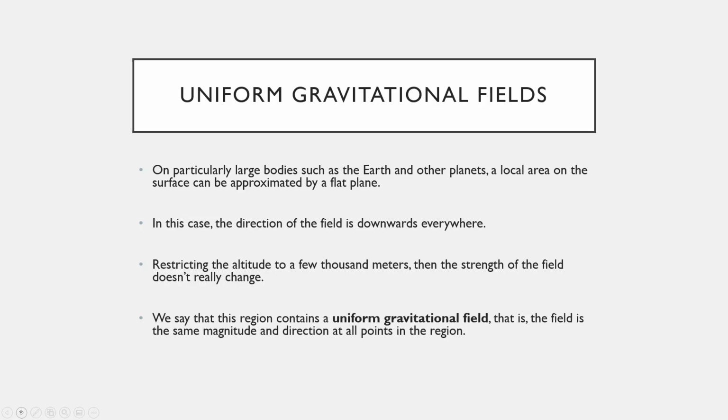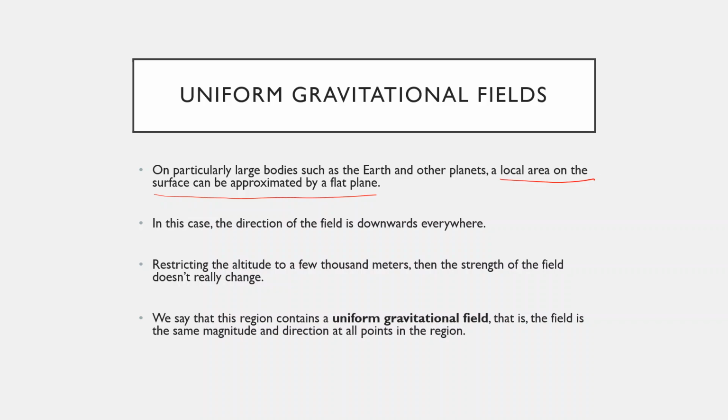One place that this can happen is on the local area of the surface of a planet. You think how massive Earth is. Earth is just ginormous. But you just restrict yourself, say, to your backyard, maybe a 10 by 10 meter backyard. It looks flat.